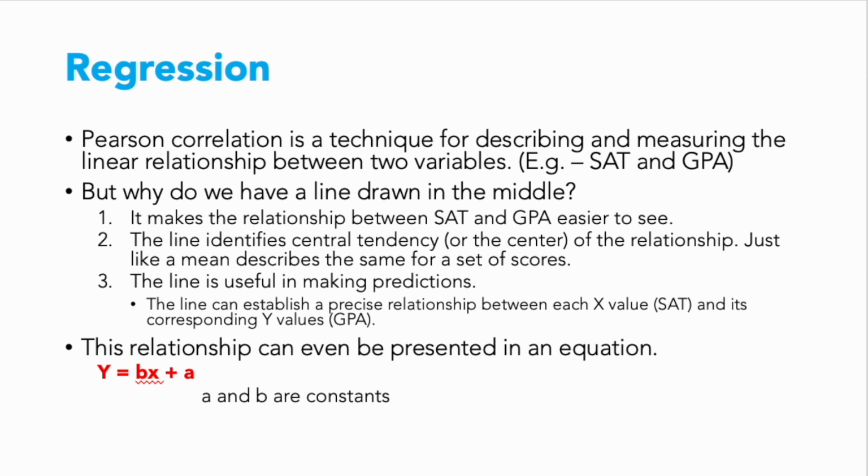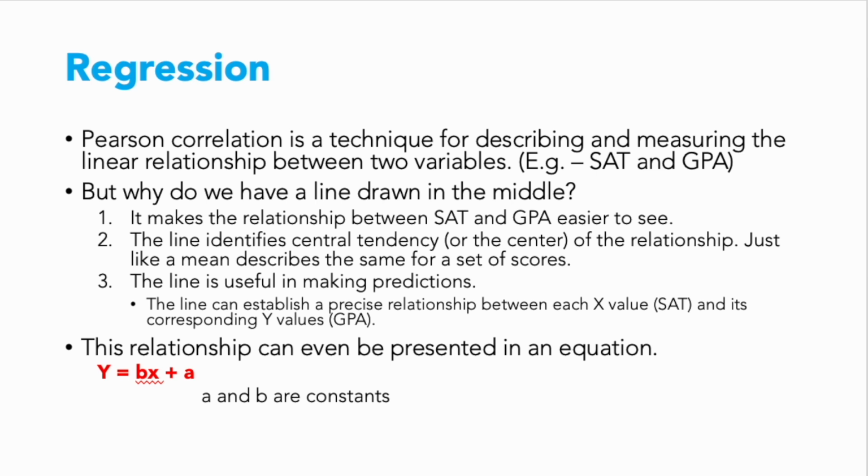Now the question is, why should we draw a line in the middle? In correlations, drawing a line shows the strength and the direction of the correlation, and through that you can see whether the data points are falling on top of this line or are scattered away.